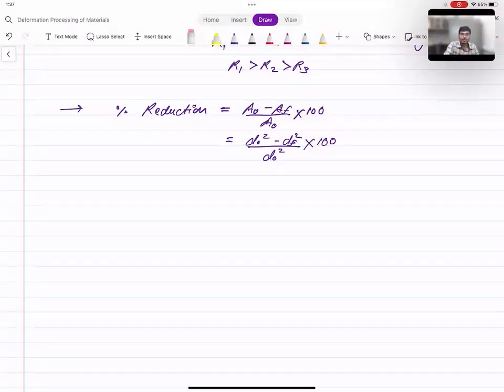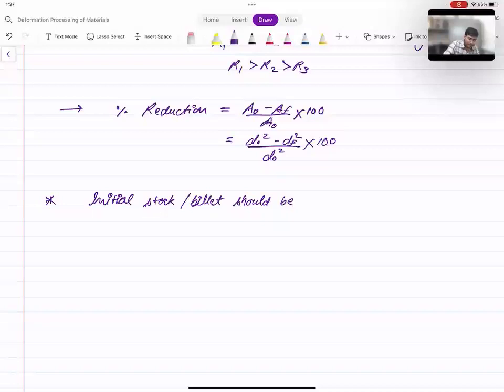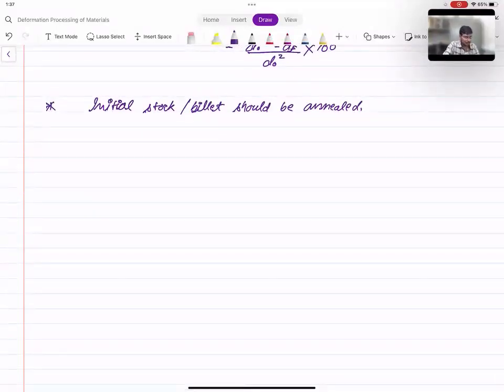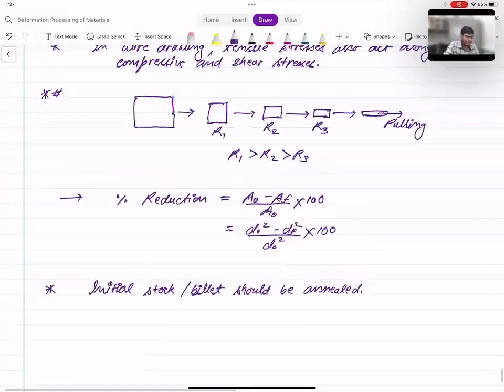So the initial stock or billet should be in annealed condition.